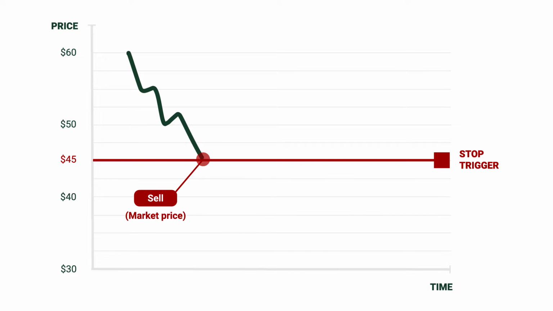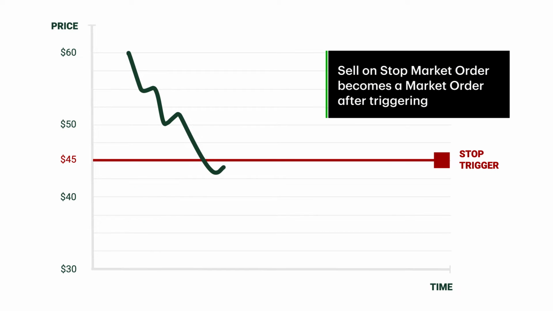Although you set a trigger price of $45, it's important to note that you aren't guaranteed $45 for the sale. In fact, the sale price is unknown. Why is that? This is because the stock could be trading at any price after it triggers. This can be amplified the more volatile a stock is. For example, if the trigger was activated at $45, the stock could drop beyond $45 to $40.